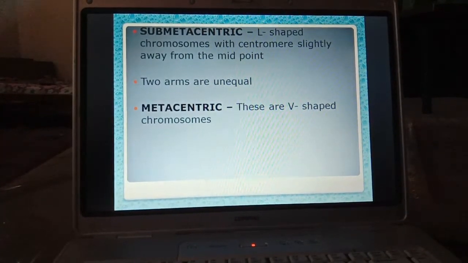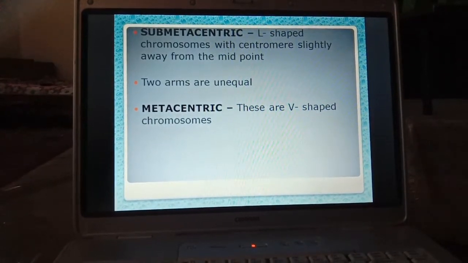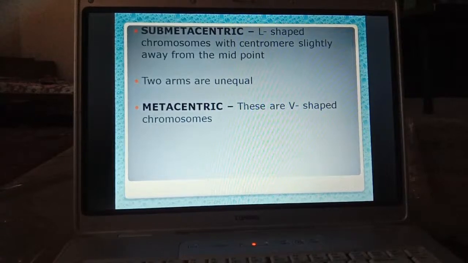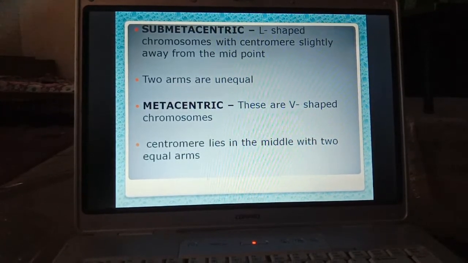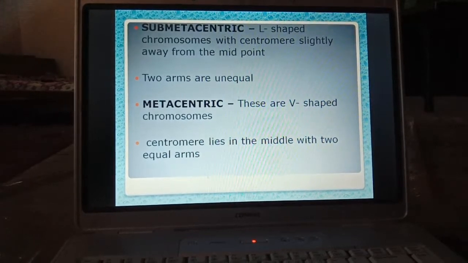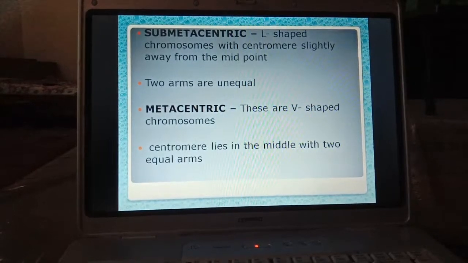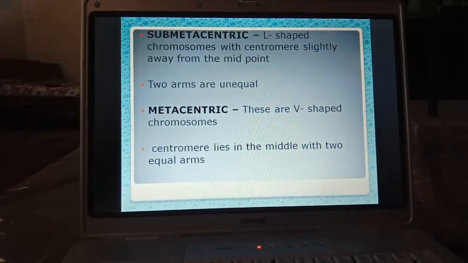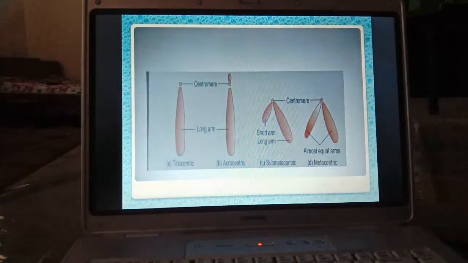These are V-shaped chromosomes. They attain the shape of English alphabet V. The centromere here will lie in the middle with two equal arms. We will find the centromere situated in the center, and it will have two equal arms.